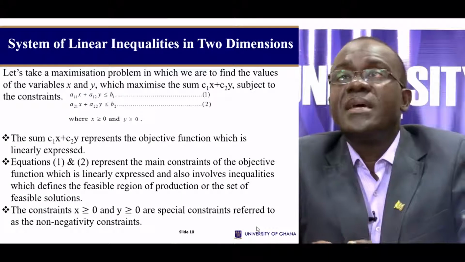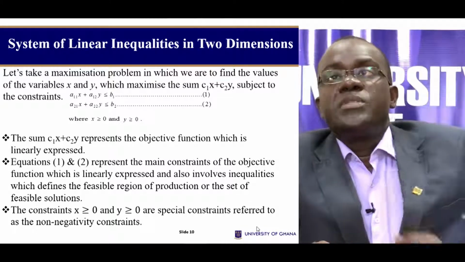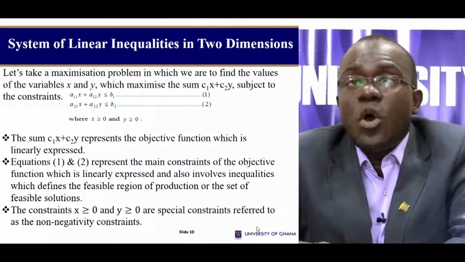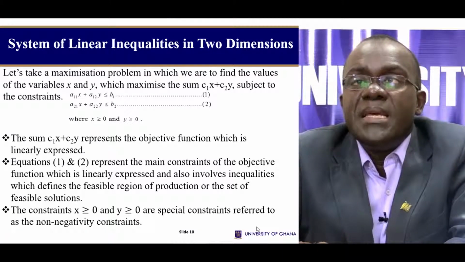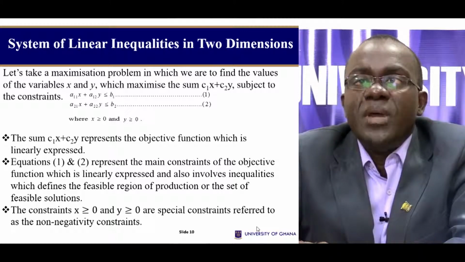Now, let's look at the system of linear equations in 2 dimensions. Those of you who did core maths may be familiar with linear equations of this nature. So these can be constraints, and you have an objective function of this nature.